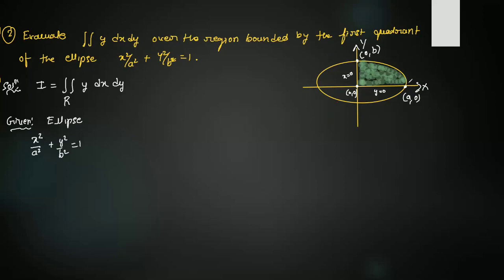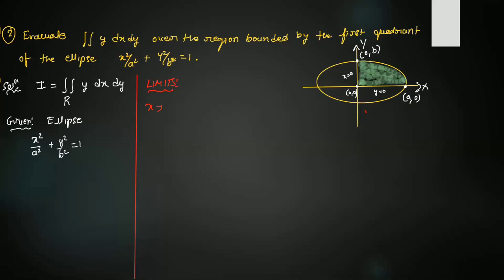Okay. Now this is our region. So we got the region now. The next thing is take x as an independent variable, and tell me from where to where it is varying.